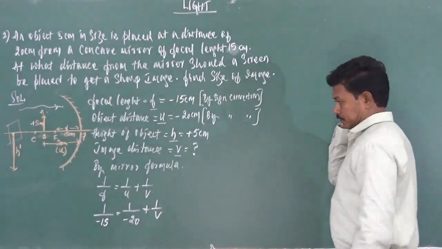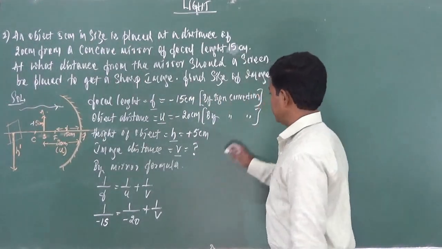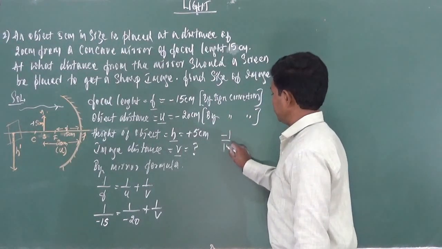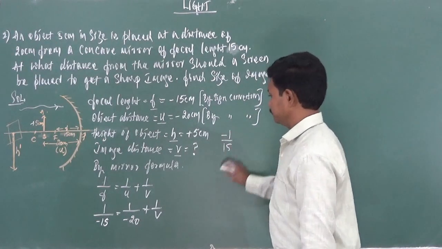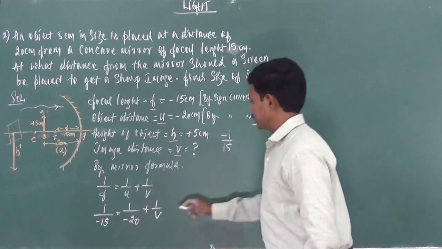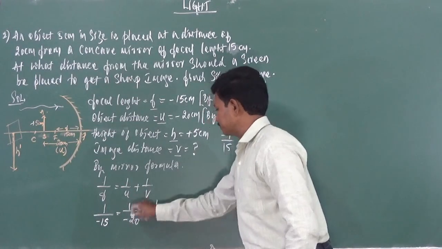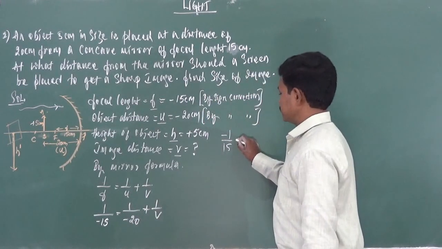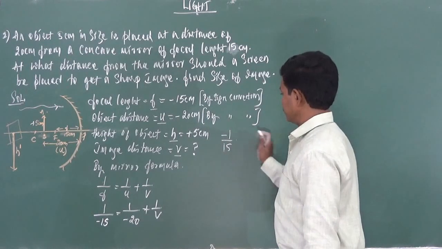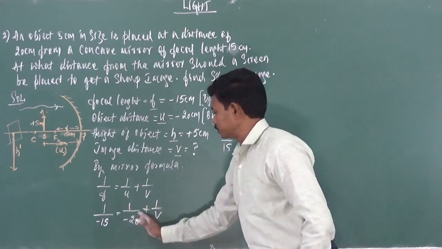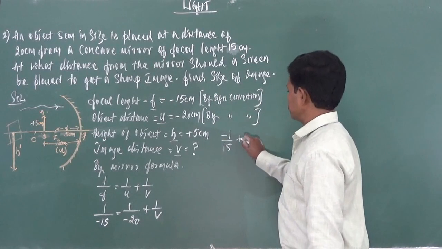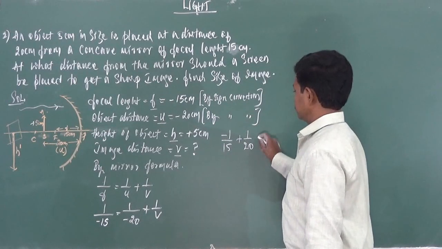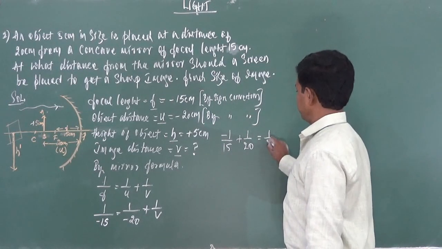Alright. So it is 1 by minus 15 is minus 1 by 15, and this is equals. So we will transpose this. That is 1 by minus 20 is minus 1 by 20. When it goes to the LHS, that becomes plus 1 by 20. So is equal to 1 by V.